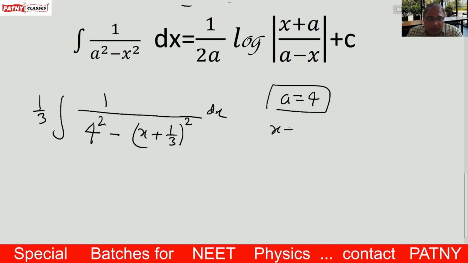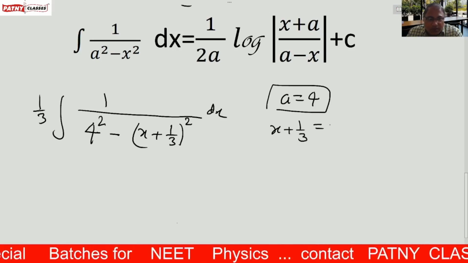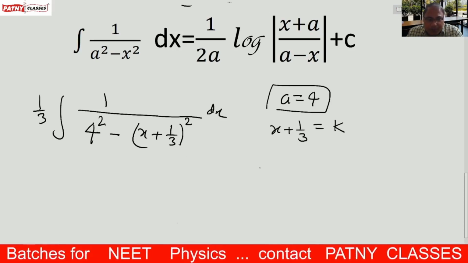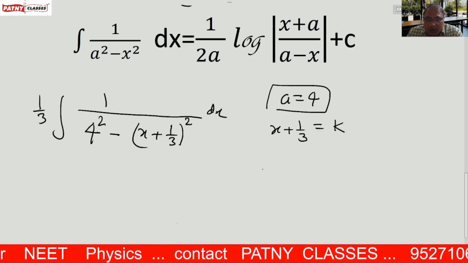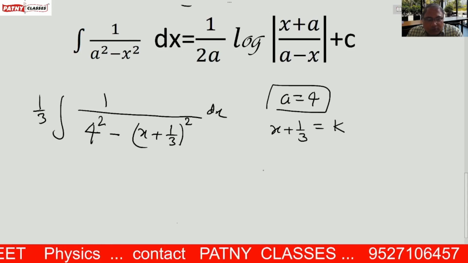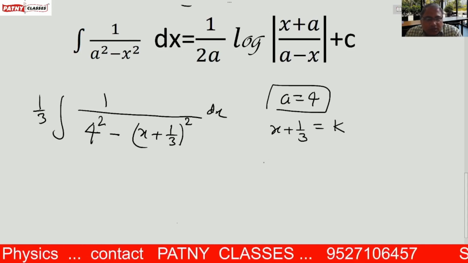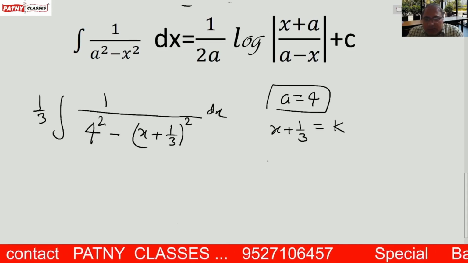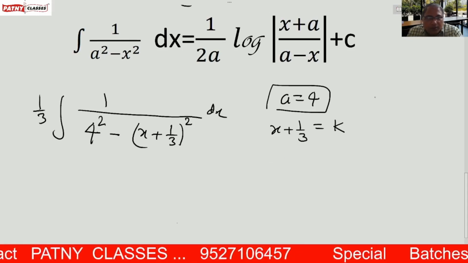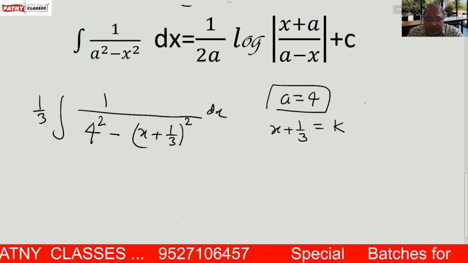That is, x plus 1 by 3 equals k. Some teachers directly apply instead of converting to the standard form, but I should explain each and every step. Once you understand, you can skip this step and directly apply the formula of x plus a there.